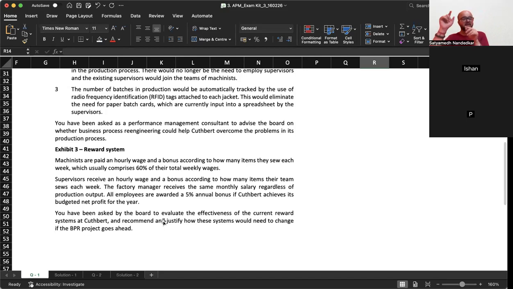The word effectiveness means, are you able to achieve the target you set out for? So, evaluate the effectiveness of current reward systems means check whether current rewards, first of all, explain what is the current reward system, then verify whether this system is able to achieve the targets or the objective with which you had started, and recommend and justify how these systems would need to change if the BPR project goes ahead.